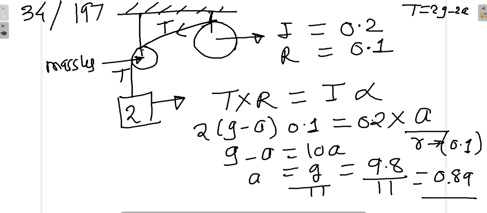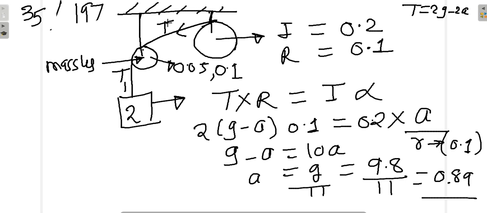Now let us do problem number 35, which is immediately the next sum. See the modifications that they have made in this next sum. In addition to this current setup, this smaller pulley has a radius of 5 cm and it has a moment of inertia of 0.1. Now we are supposed to find the tensions. Now please note, tensions will be different.